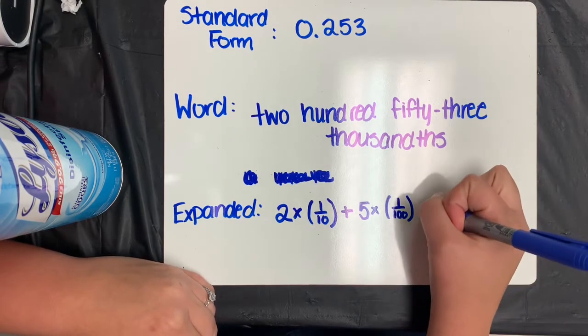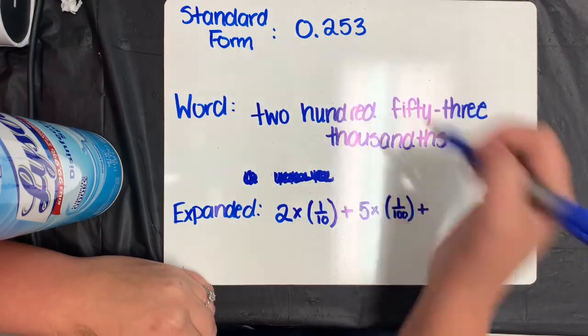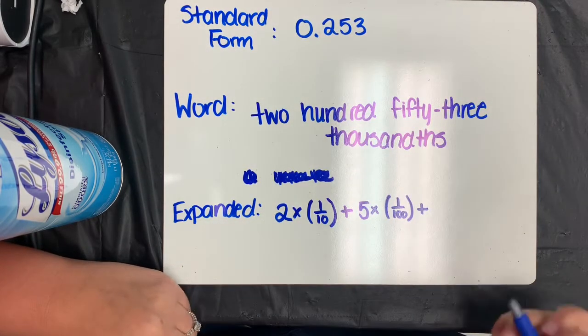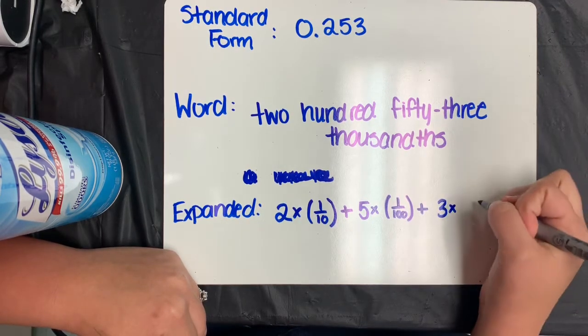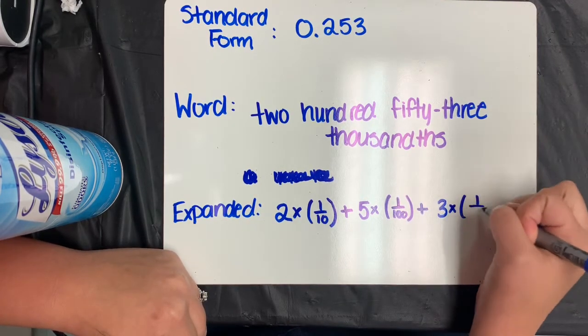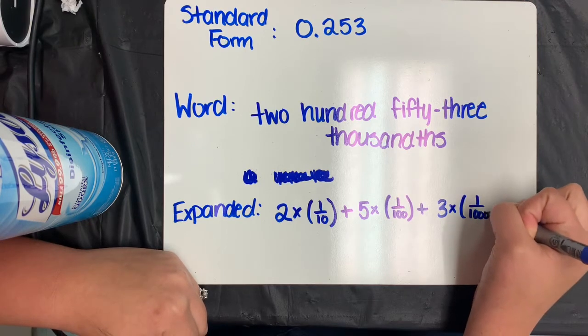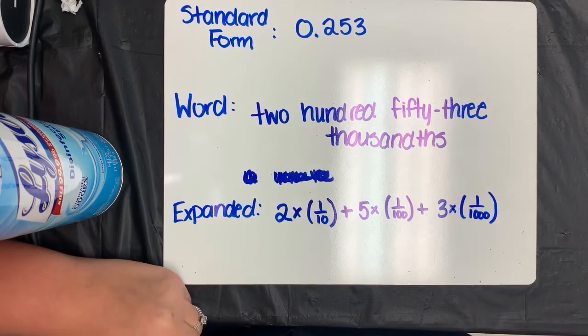And then, last but not least, you'll see that there is a 3 in the thousandths place, so it is 3 times 1/1000. And that's how you do the expanded form.